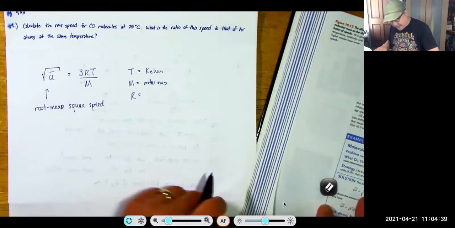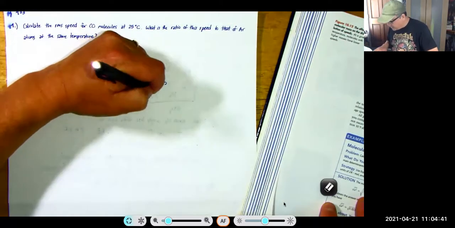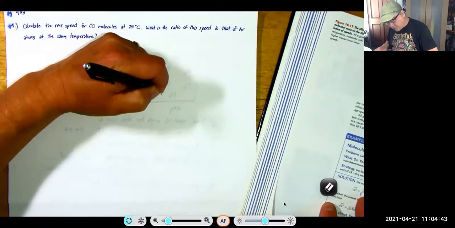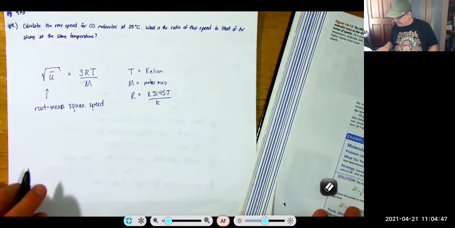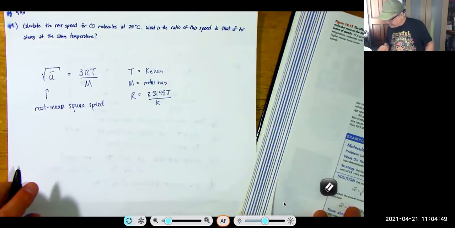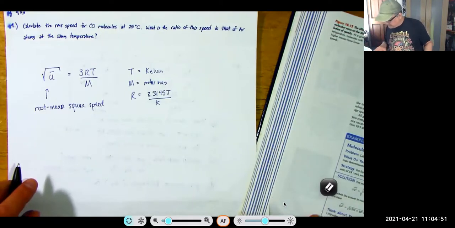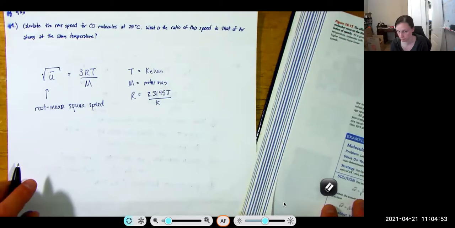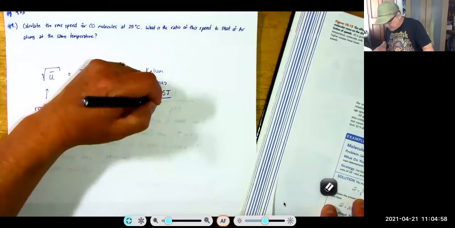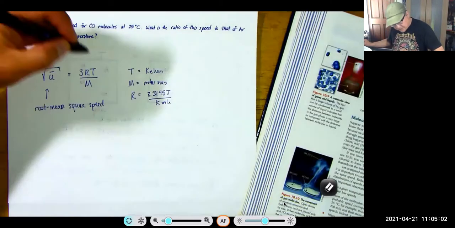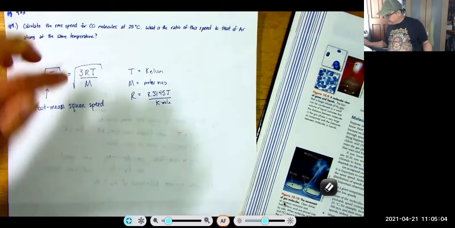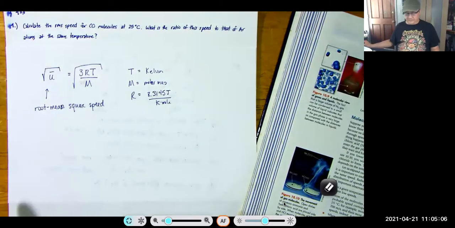There it is. 8.3145 joules per K per mole. Oh, and I see that I forgot my square root here also.